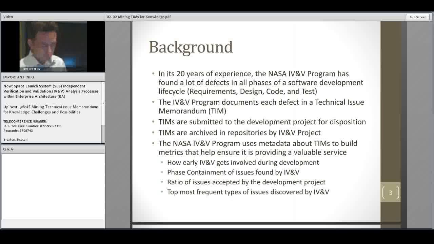Our scope is limited to software development, mostly because our charter is to analyze software in development to help prevent issues being realized in operations for mission and safety critical software.